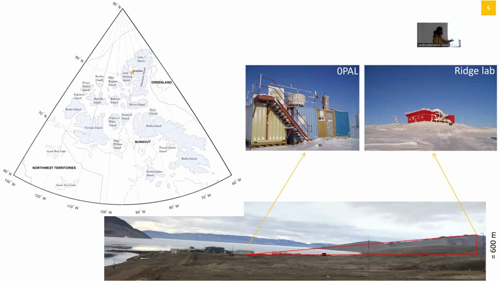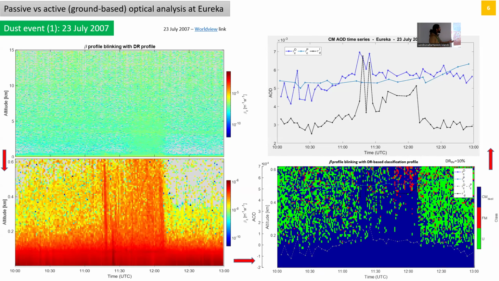The figure on the bottom left shows the LiDAR backscatter profiles along with the depolarization ratio from the surface to 615 meters. We applied an event classification based on the depolarization ratio. So we have the figure at the right.